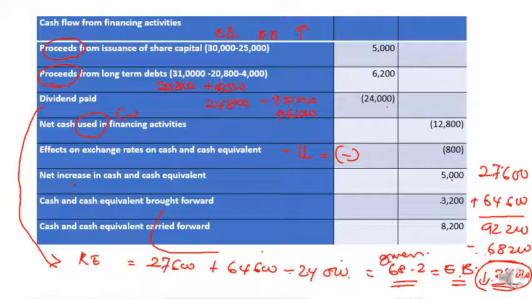So we minus 800. Altogether the financing, investing and operating, we add together and we're going to have net increase in cash, which is 5,000, plus the beginning balance 3,200, and then the ending balance here is 8,200. So that is what we have for Purnama.